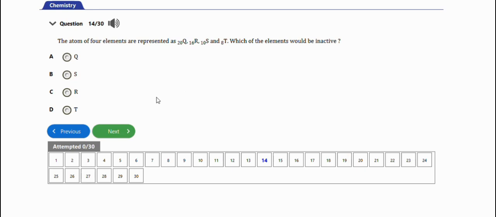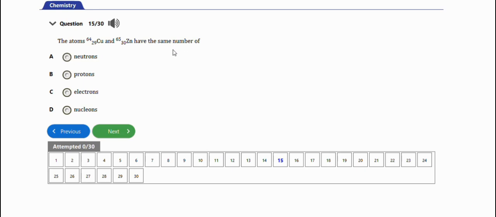Okay, so the next question will be this one. It says the atoms, this is copper and zinc, have the same number of, okay, so let's check this, guys.